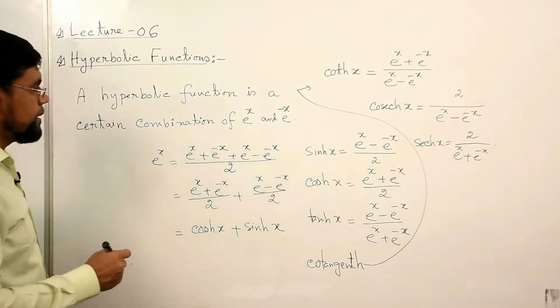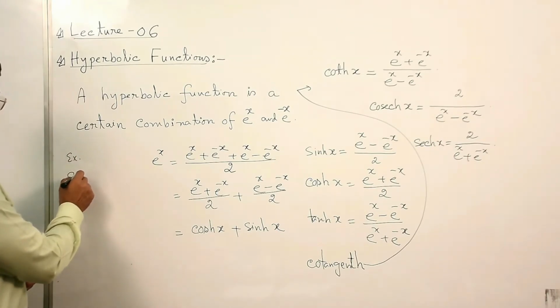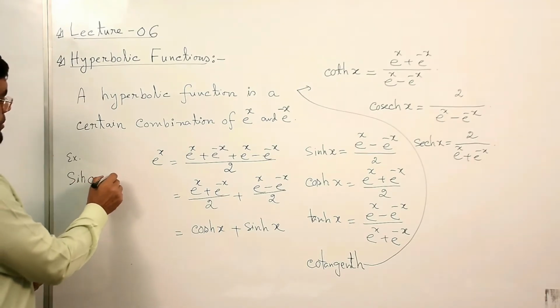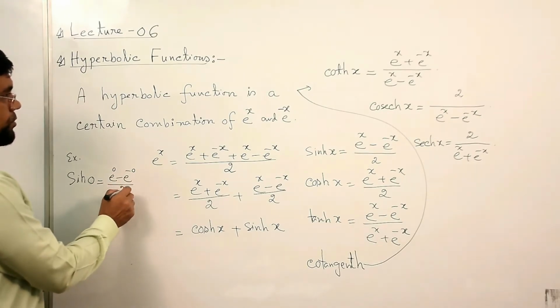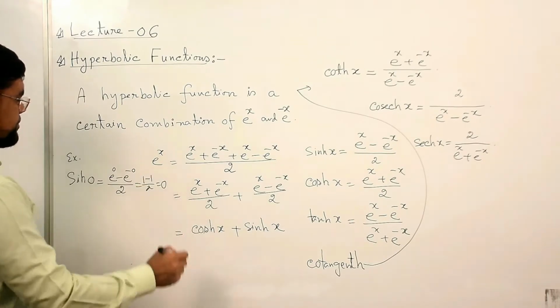For example, sine hyperbolic of 0 is equal e to the power 0 minus e to the power minus 0 divided by 2, which is equal 1 minus 1 by 2 equal 0.